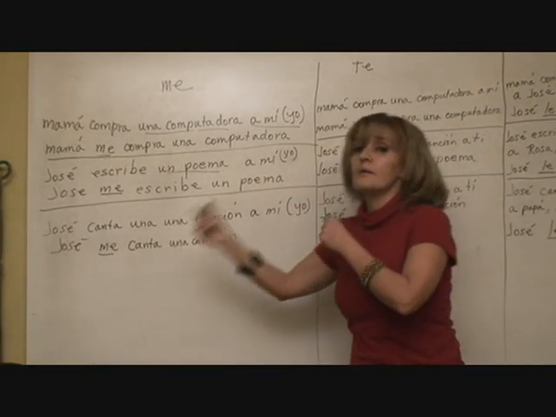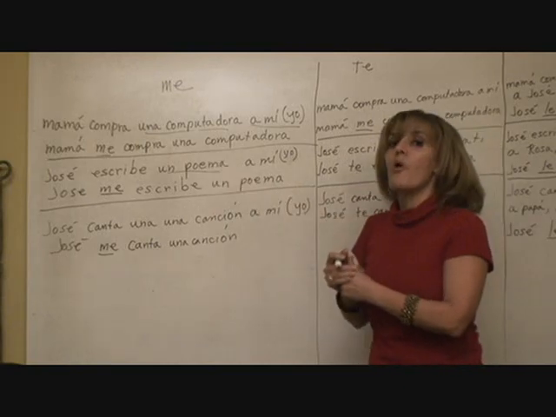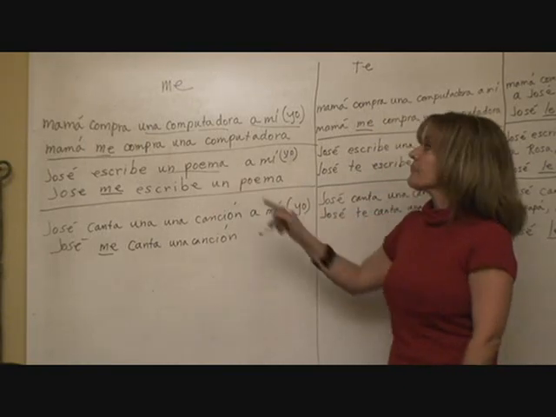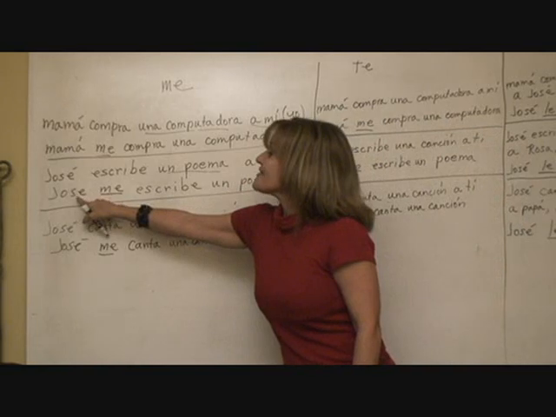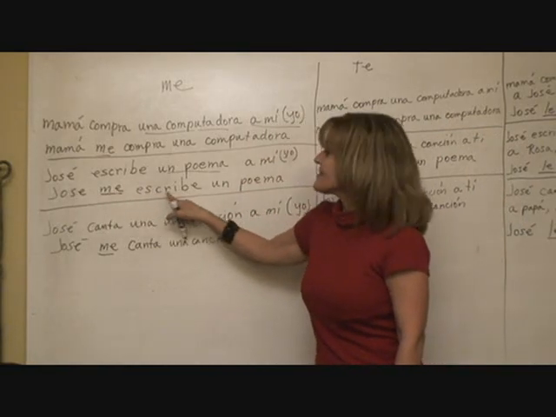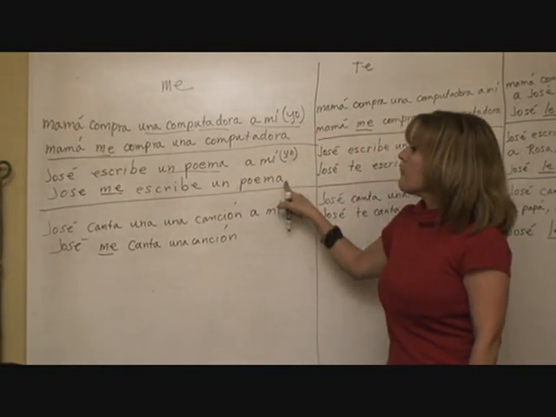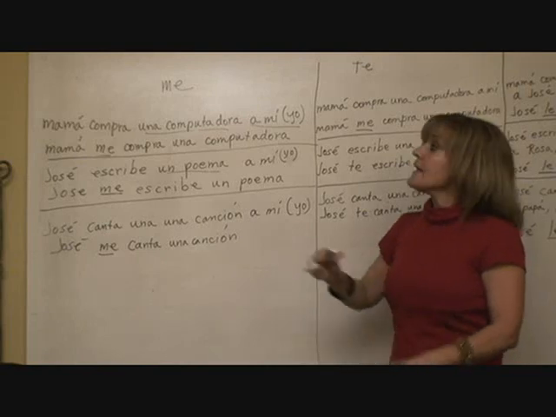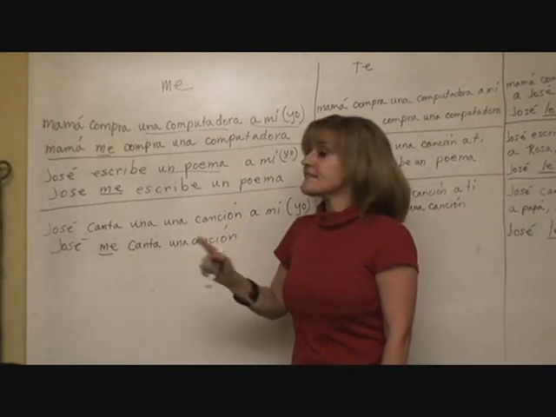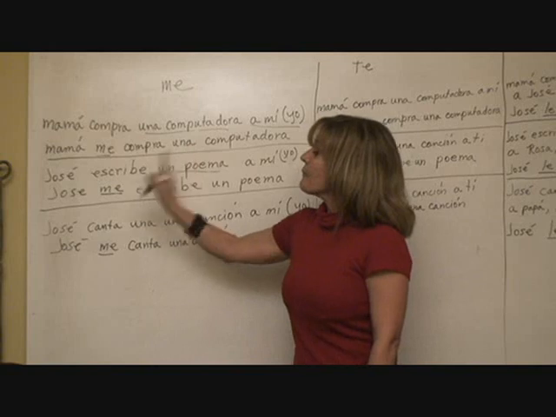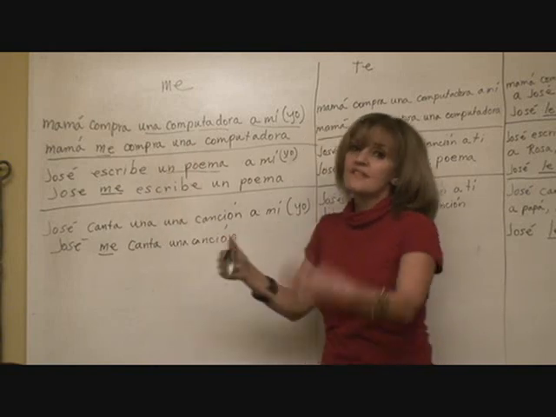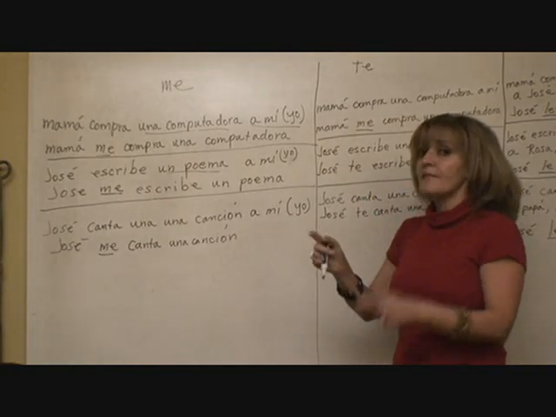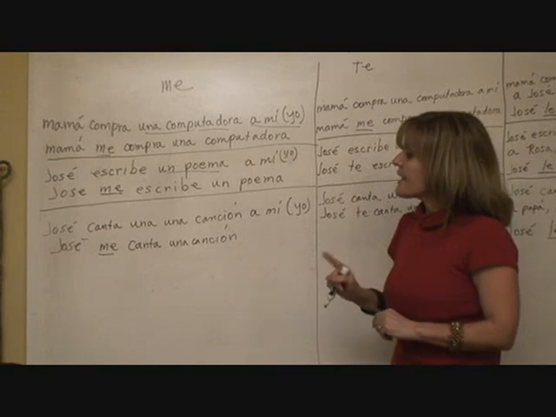For whom is he writing this poem? Me. So, José me escribe un poema. Again, the indirect object pronouns are placed before the conjugated verbs, just like you did with the direct object pronouns.